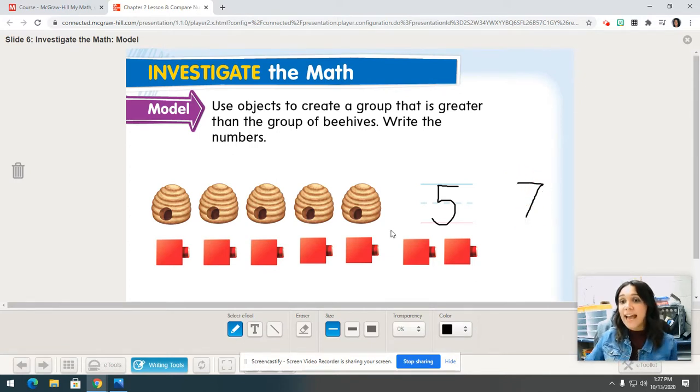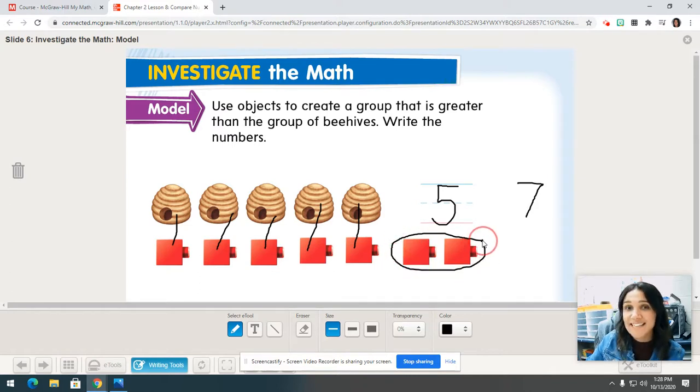Good. Now I'm going to draw a line from the honeycombs to the cubes and help me count. 1, 2, 3, 4, 5. Are there enough honeycombs? No. 7 is our greater amount because there's more.